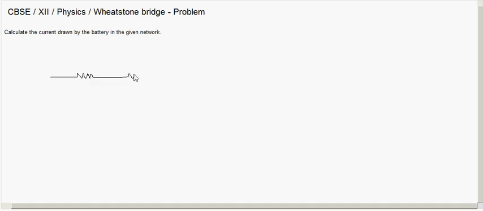R1, R2. When I say this is R1, it is equal to 1 ohm, and then we have R2 equal to 5 ohm.